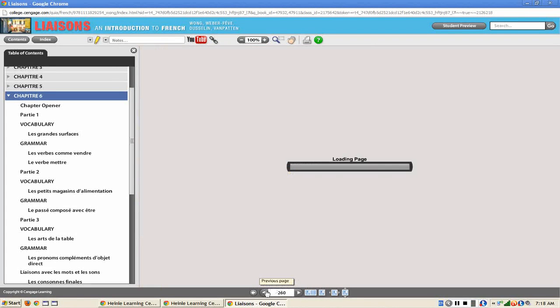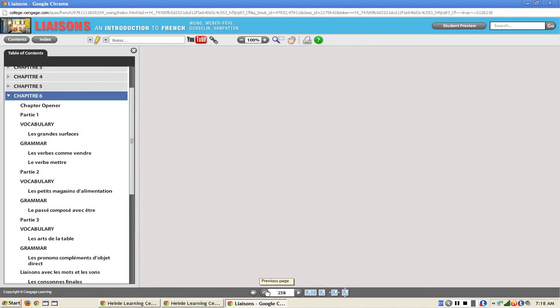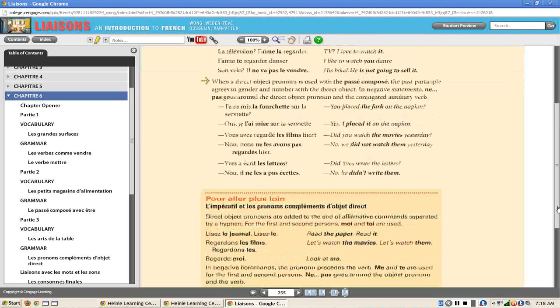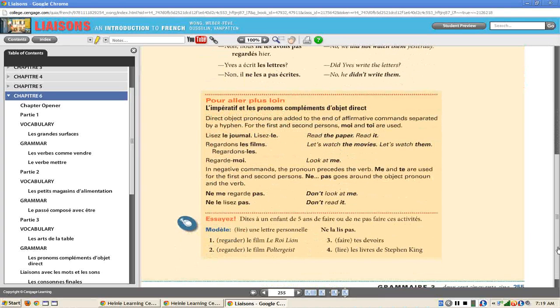Excusez-moi. I'm not finding what I want immediately. Oh, silly. It was right here. In the imperative, when we give someone an order, we are changing around the order quite significantly.